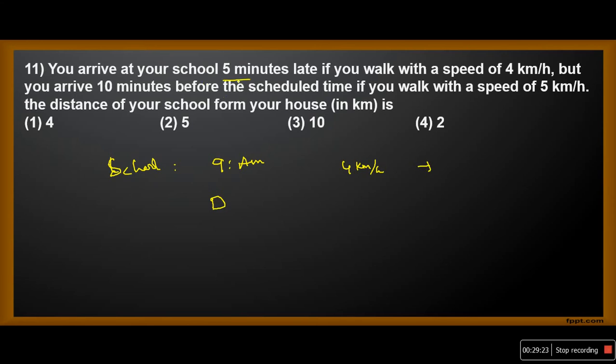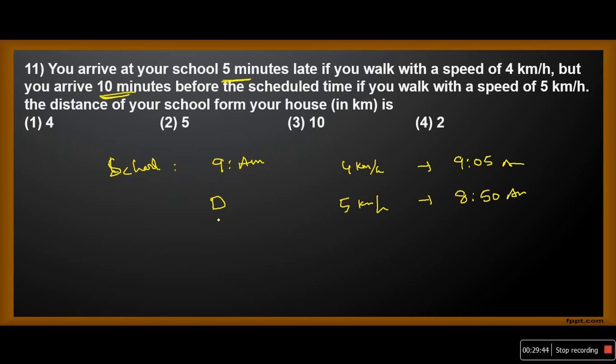You are 5 minutes late, so you will be reaching your school by 9:05. If you are traveling at 5 km per hour, you are arriving 10 minutes before, so you will reach the school by 8:50 a.m.